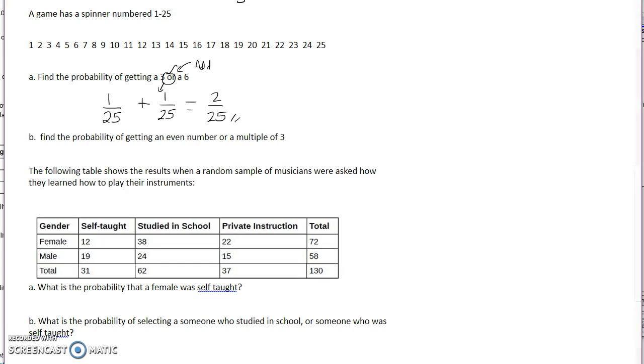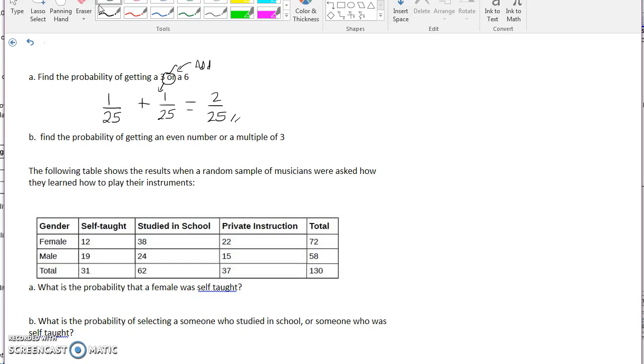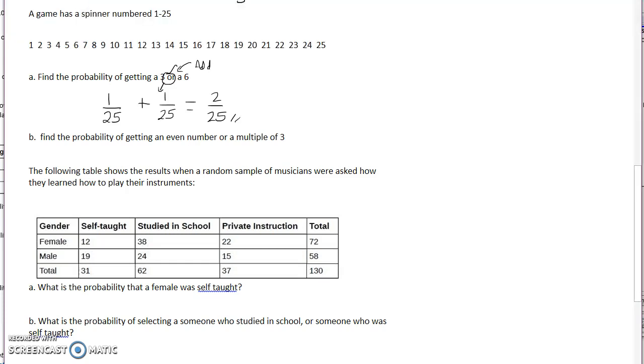Now, the next problem's a little bit more complicated, but it says find the probability of getting an even number or a multiple of 3. So when we take a look at them, I'm actually going to use some highlighter. Let's get our even numbers. So that'd be 2, 4, 6, 8, 10, 12, 14, 16, 18, 20, 22, and 24, right?